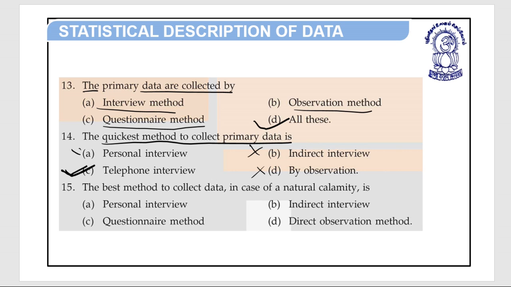No. The quickest method to collect primary data is telephone interview. You just dial the number, speak with someone, ask the questions and collect the data from that person. So that is the quickest method.